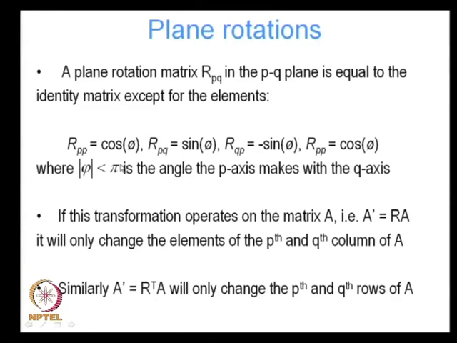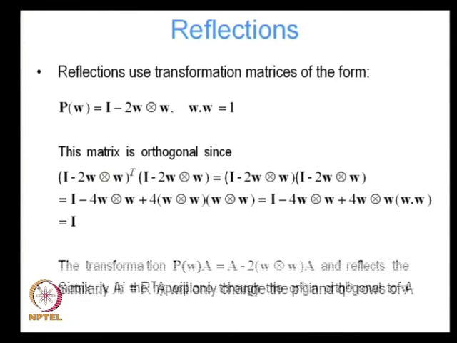So, if I form a matrix R like this with only R_PP, R_PQ, R_QP and R_QQ different from 1 and 0, then it is going to only change the pth and qth columns of A. Similarly, if I operate on A with R transpose, I am only going to change the pth and qth rows of A. So, I can change the pth and qth rows or the pth and qth columns. So, that was about plane rotations.